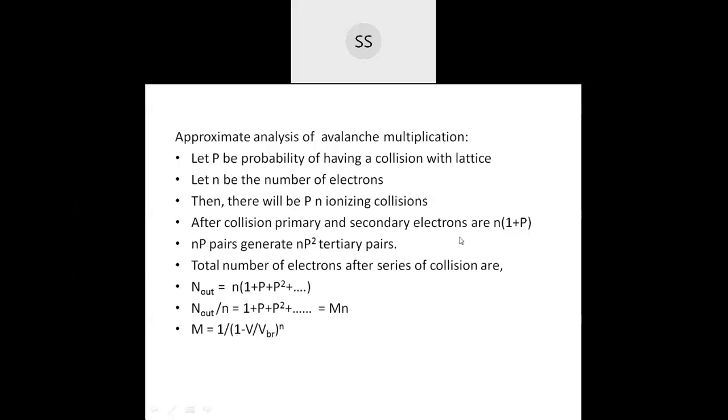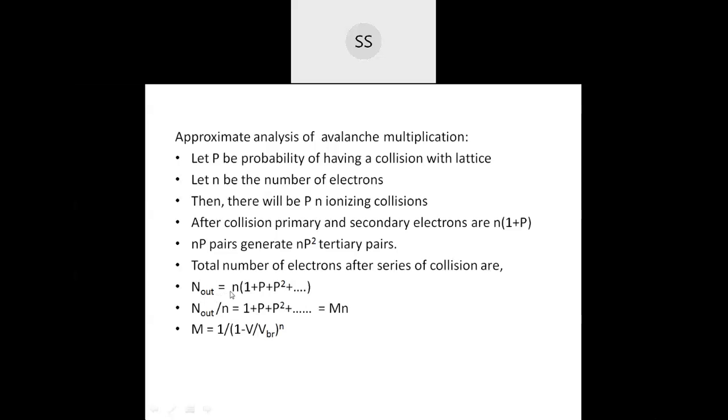Now these secondary electrons, the N into P pairs, are again going to generate NP squared tertiary pairs. Therefore, the total number of electrons after a series of collisions is a multiplicative term, represented by N out.